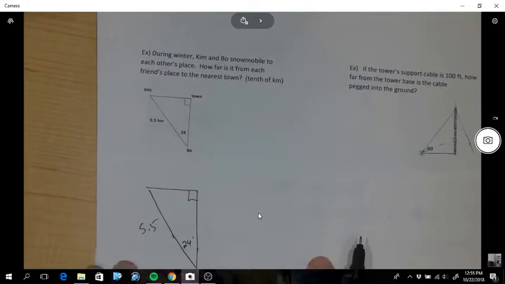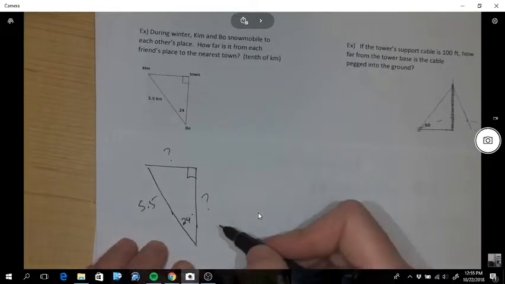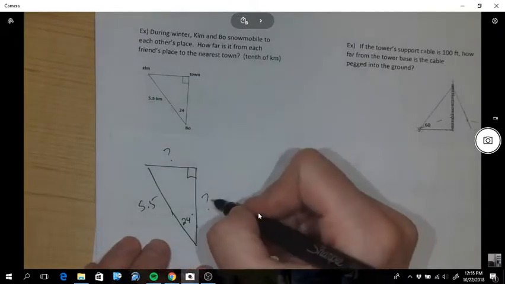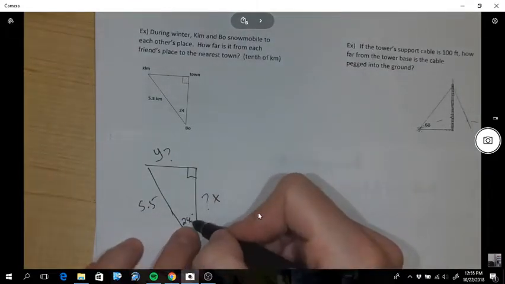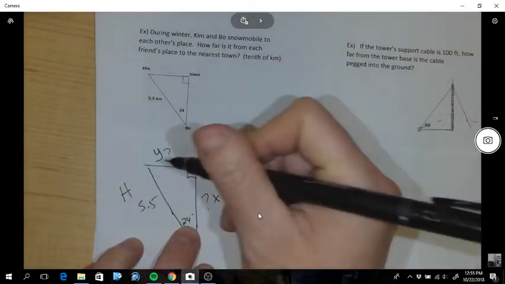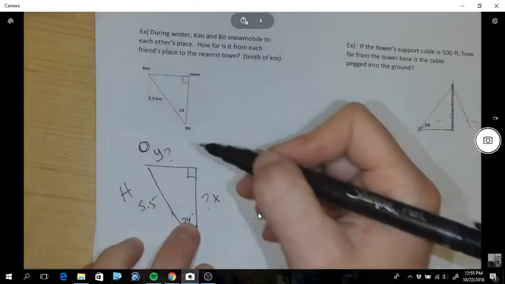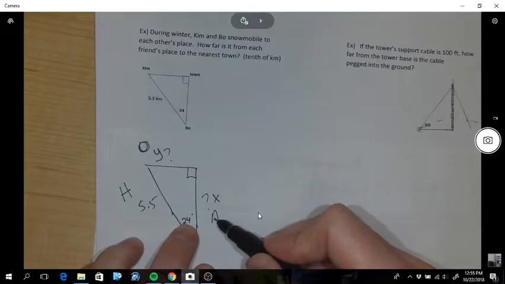I want to know this distance and this distance. So let's call this x and let's call this y. Two different things. So this is going to be the hypotenuse, this is going to be the side opposite, and this is the adjacent side to the angle.